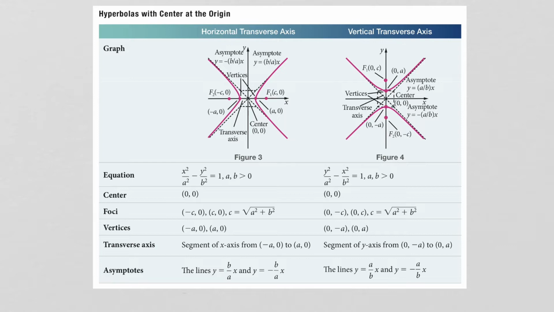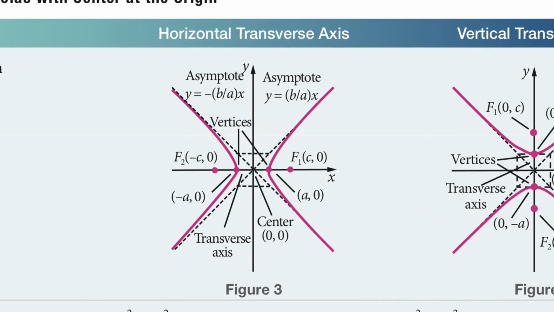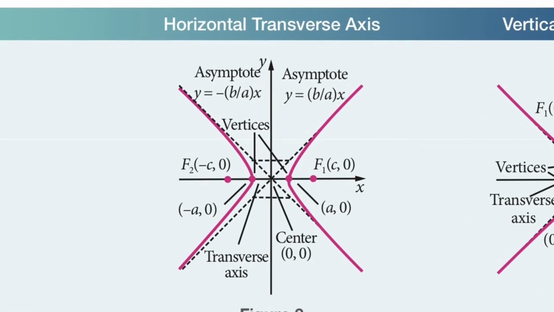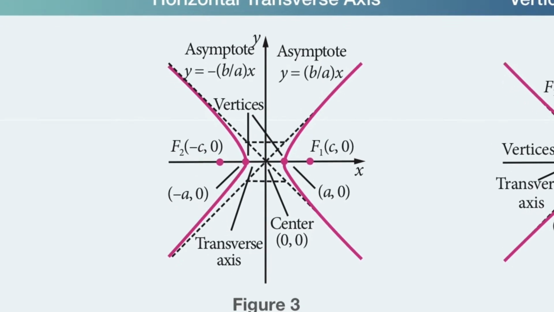Now, if we zoom in just a little bit here, I want to point out some important aspects of a hyperbola. And that is that they have these lines called asymptotes. You can see them here. They are these diagonal lines, two of them. As the hyperbola moves outward, it gets closer and closer to that line.